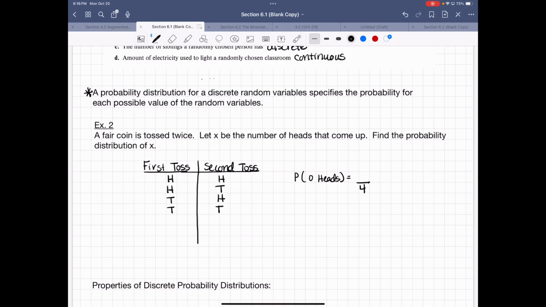So there's 4 possible outcomes right there. Out of those 4, how many have no heads? We don't get a head. 1. So the probability of 0 heads is 1 out of 4. Okay? So we would say P of 0 equals 1/4. Because X is the number of heads that come up. Okay, that's where I'm getting that from. It told me that in the problem.